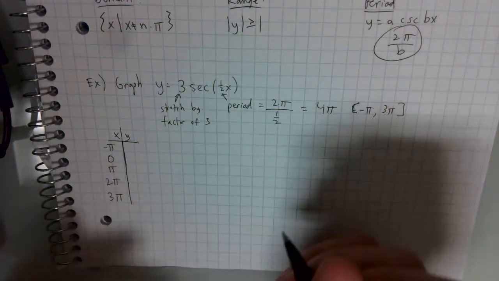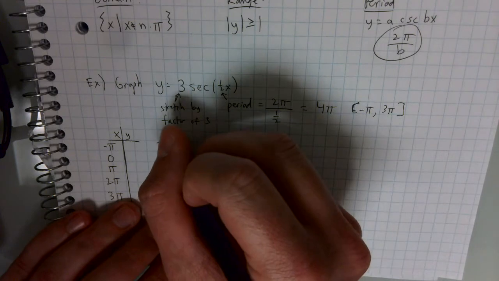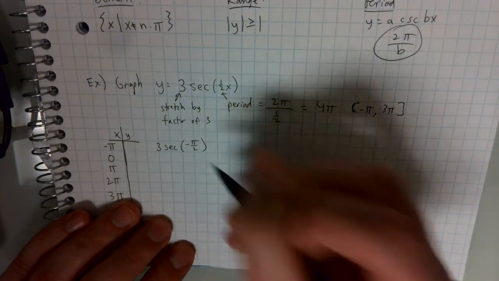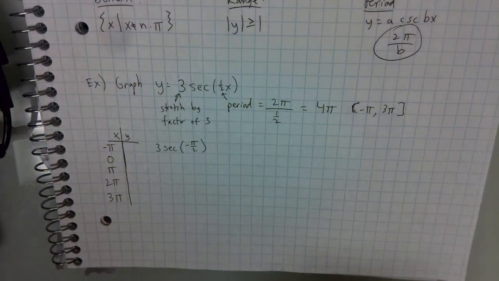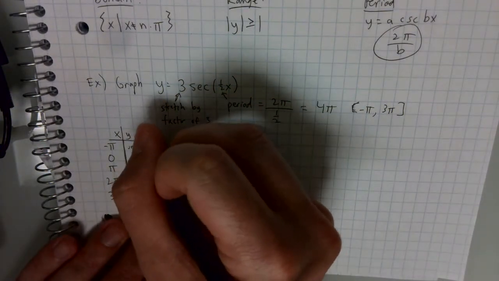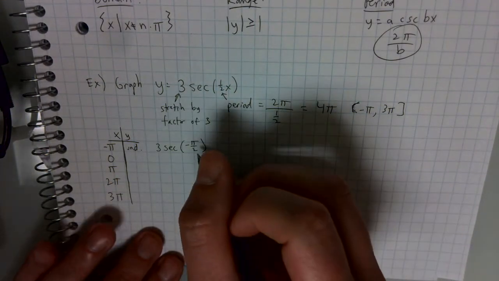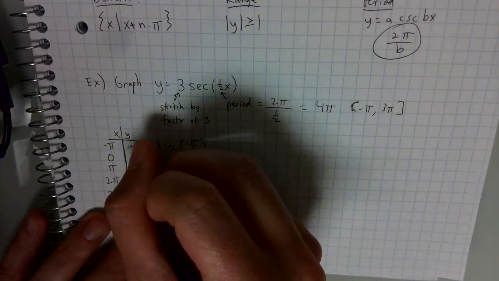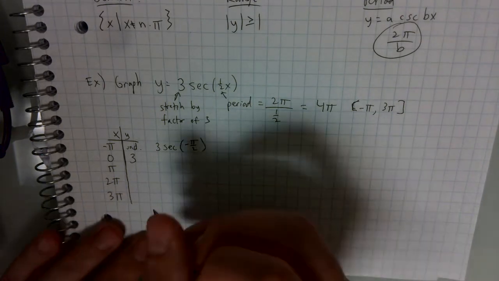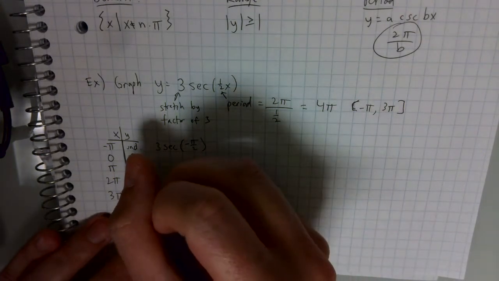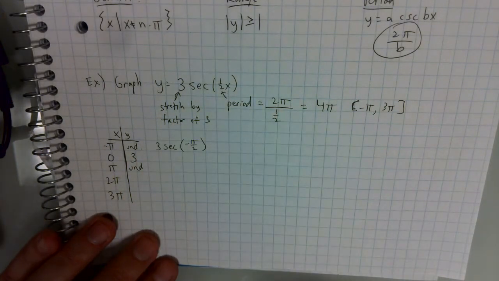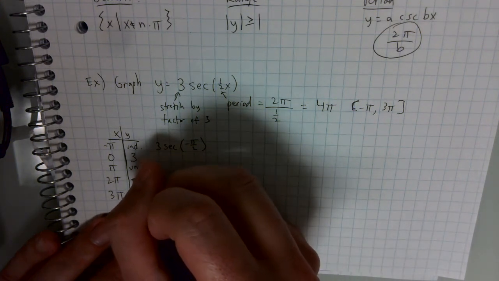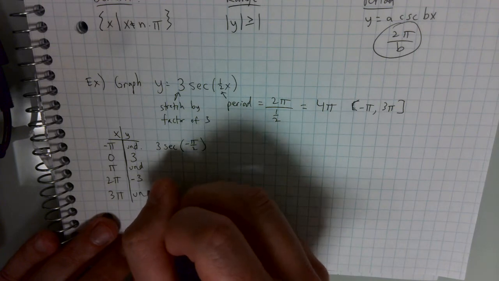So at negative pi, we're looking at 3 secant of negative pi over 2. And secant is 1 over cosine. That's no good. That's an undefined value. At 0, we're looking at 3. Pi, we should be back to an undefined value. At 2 pi, we're looking at negative 3, and then back to undefined.